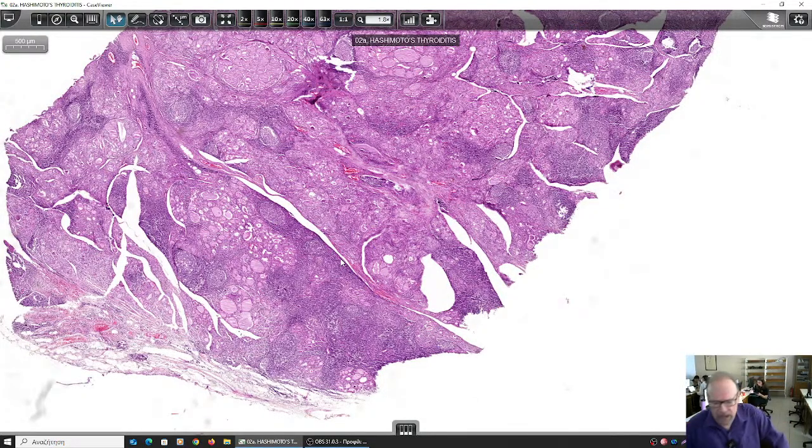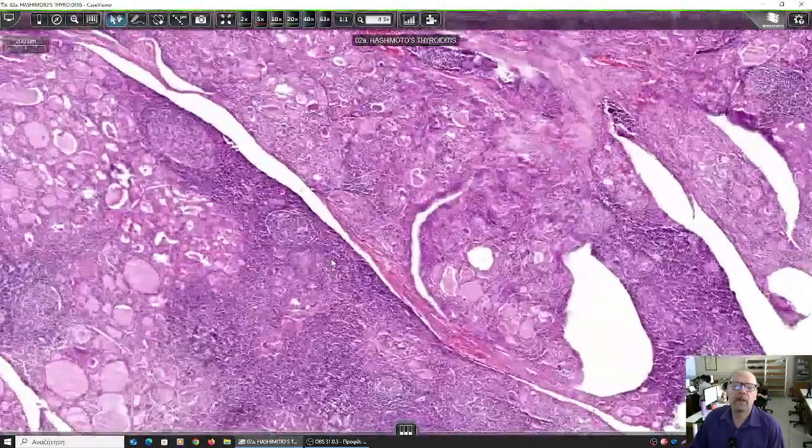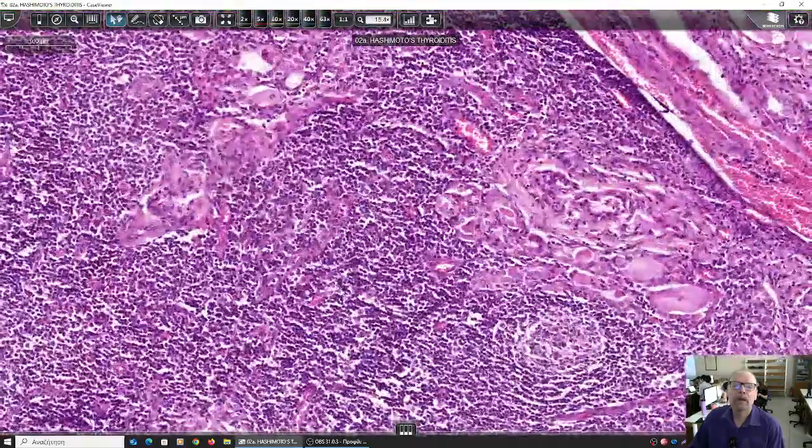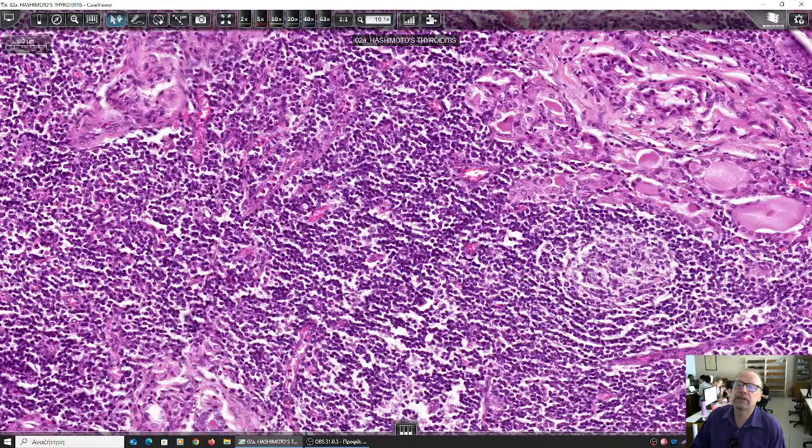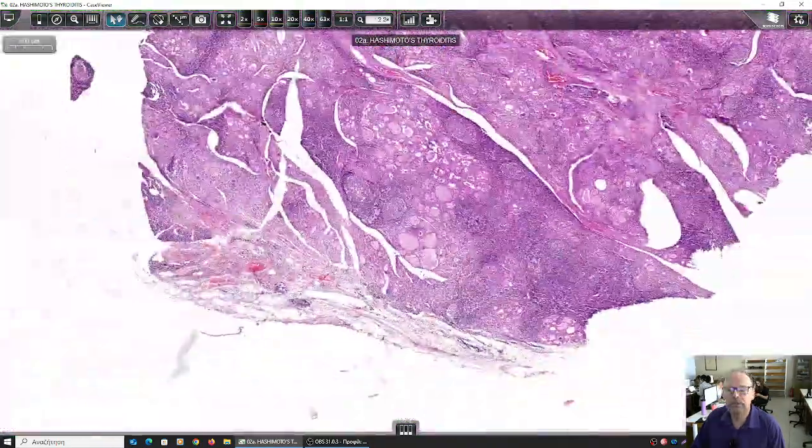So this is Hashimoto's thyroiditis, and we have a dense lymphocytic population within the thyroid parenchyma. And you can see here that some lymphocytes are of B origin because what do they form? What is this? This is a lymphoid follicle.